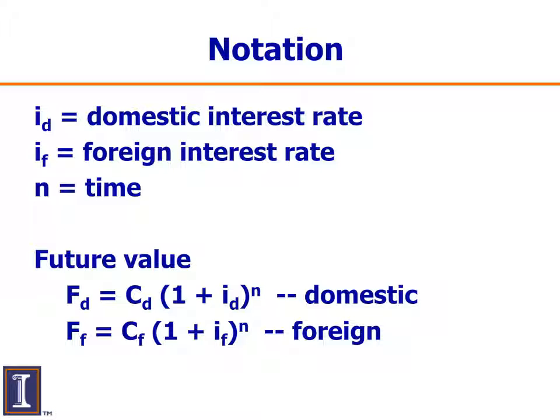If we start out in the domestic currency with a certain amount, C sub D, the future value of that will be the current value times 1 plus the interest rate, with the proper compounding period. Similarly with the currency in the foreign market, the same sort of calculation will result in the future value in the foreign market.